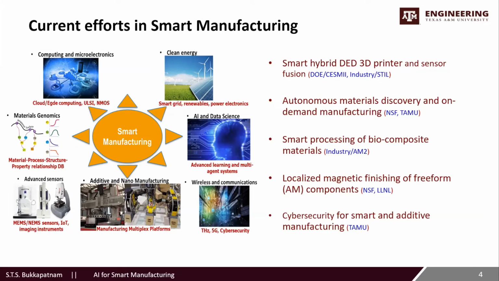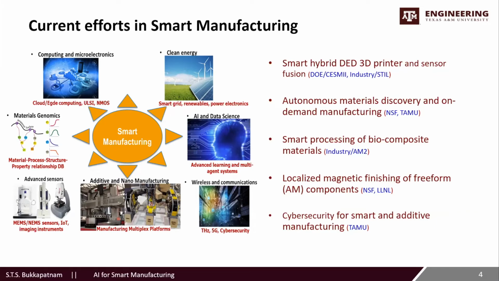The previous speaker talked about 5G and beyond, and advanced sensors, especially imaging sensors, material systems, computing, cloud, and other kinds of architectures, clean energy, and last and not the least, AI and data science. How they all come together to advance manufacturing processes, not just additive, not just semiconductor, all forms of manufacturing processes where you can transform materials into valuable products.